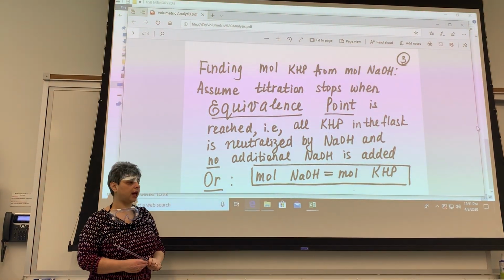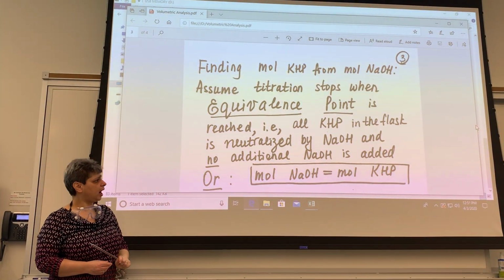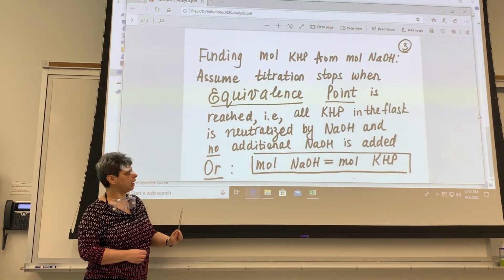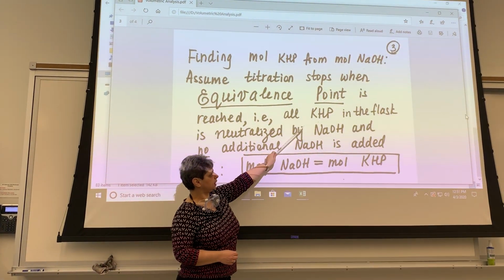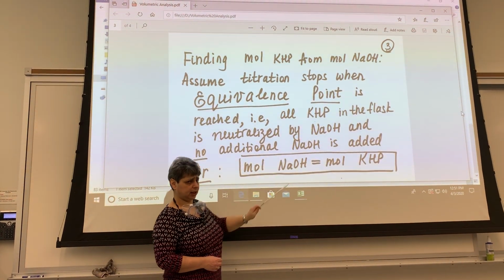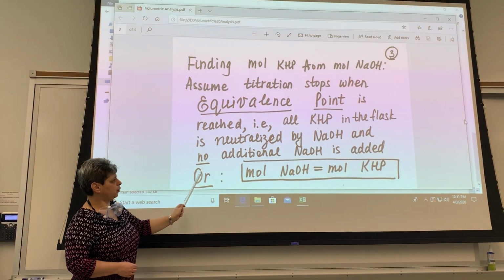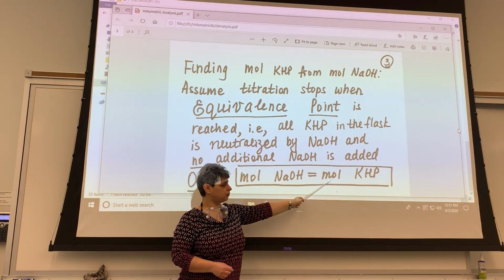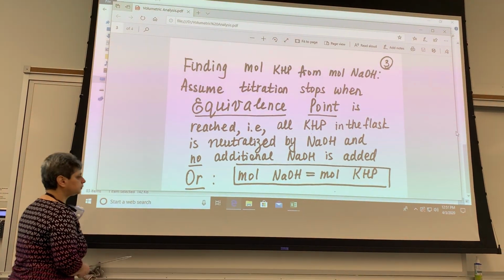So you basically add NaOH from the burette until the last little bit of KHP remains. And as soon as all of the KHP has reacted, you stop adding NaOH. And at that point, you can then assume again that moles of NaOH are equal to moles of KHP.